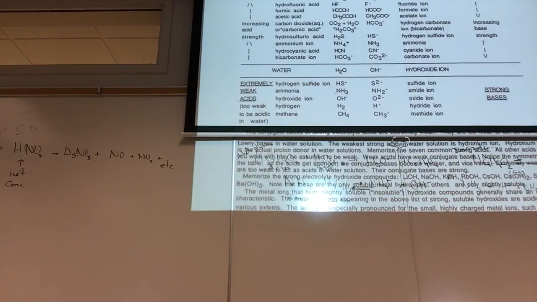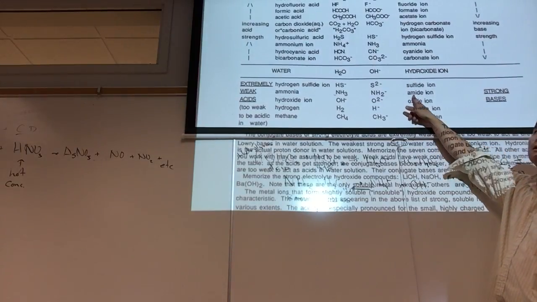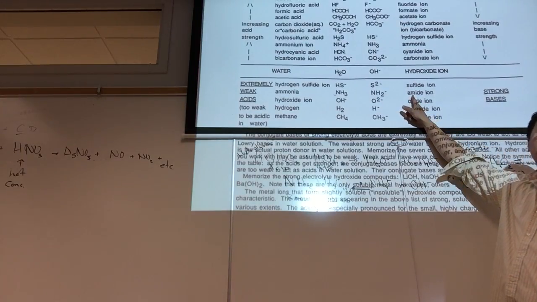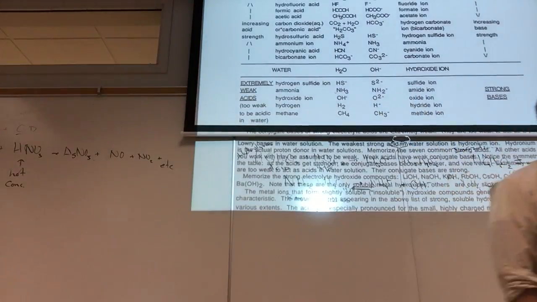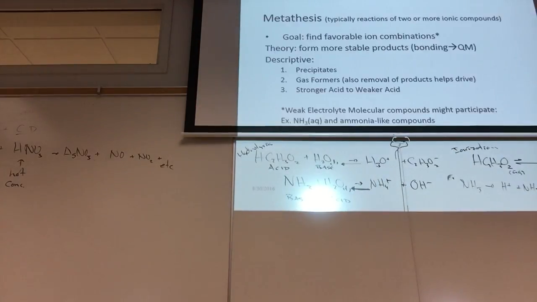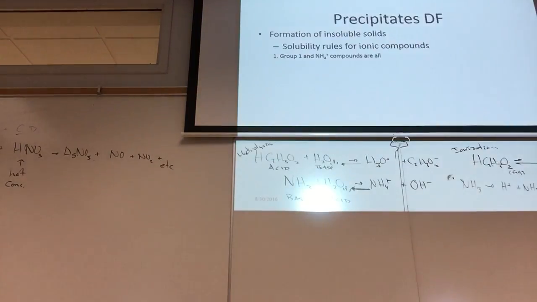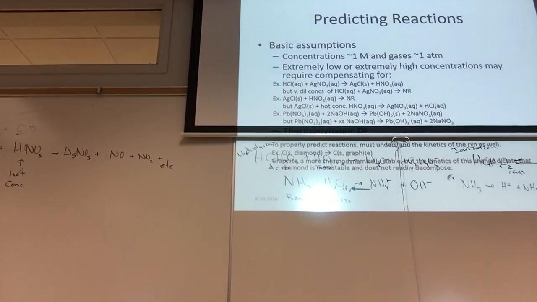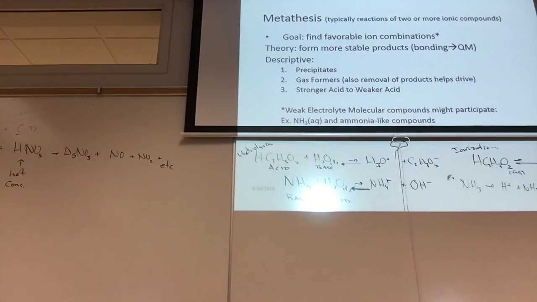What's the name of NH2 minus? Amide. So we form proton and amide.